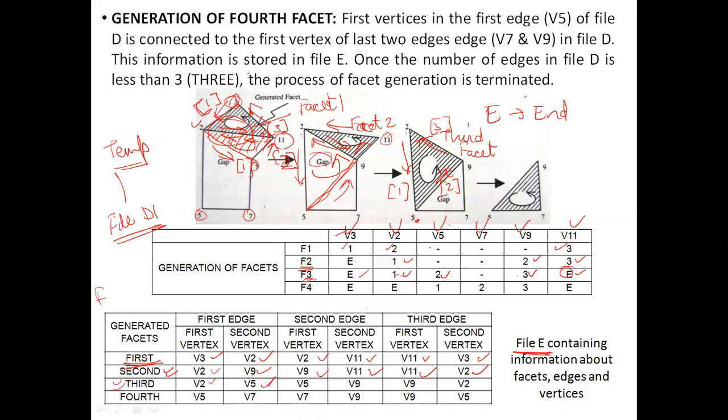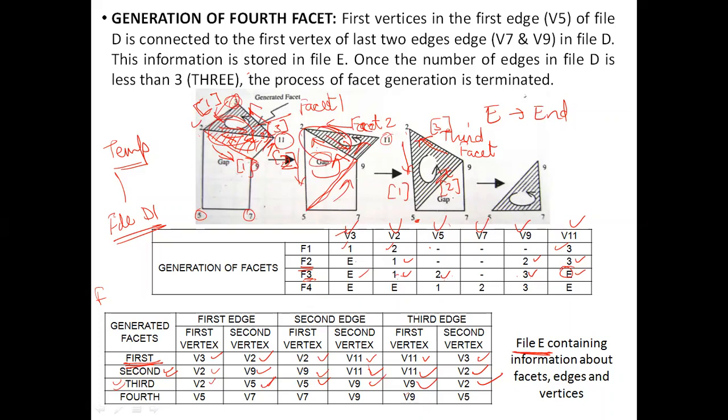For the second edge, it is V5 and V9. And for the third edge, it is V9 and V2. If I check the orientability of the edges 2-9 and 9-2, they have opposite orientability on opposite facets. Hence, my facet generation is correct.